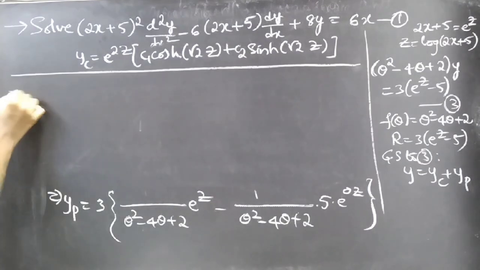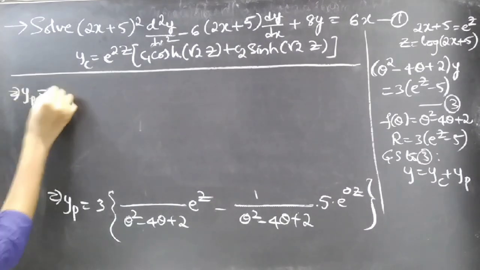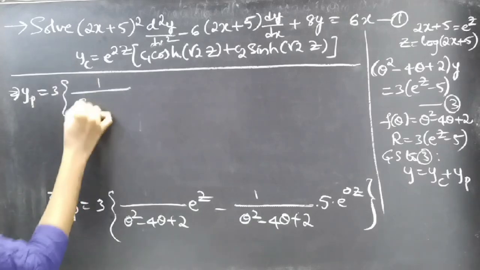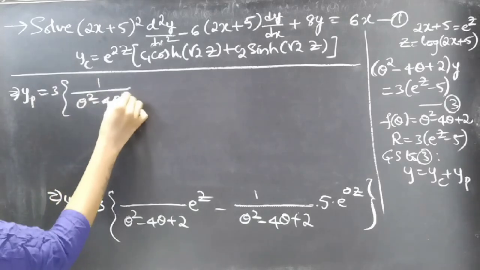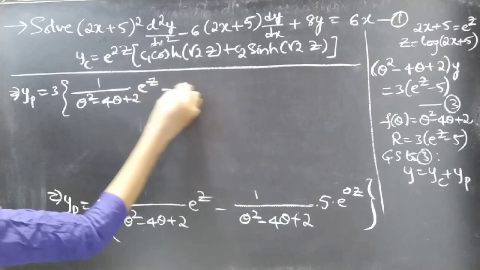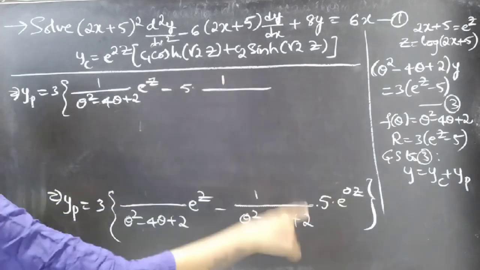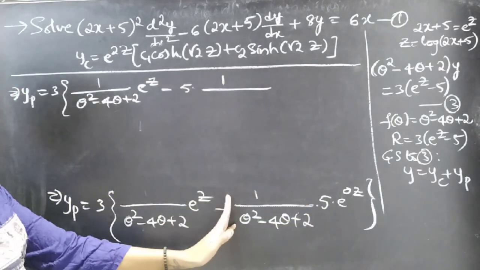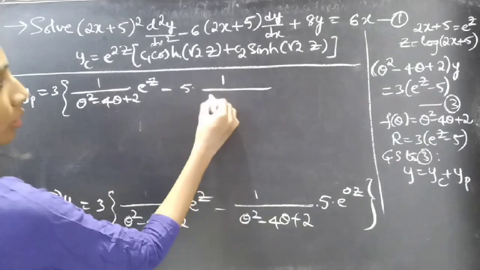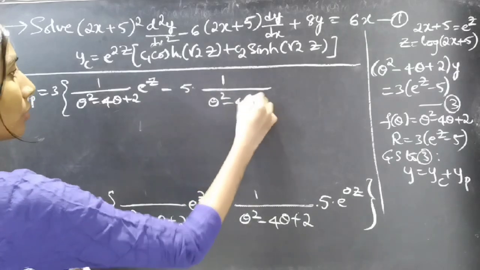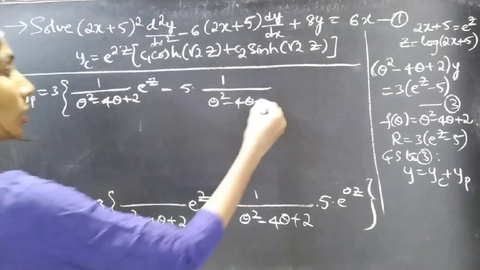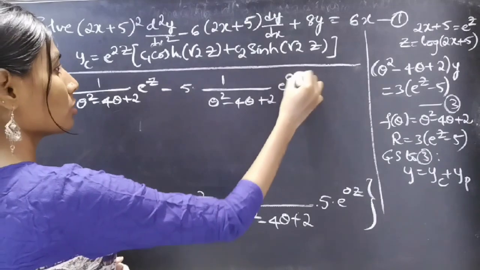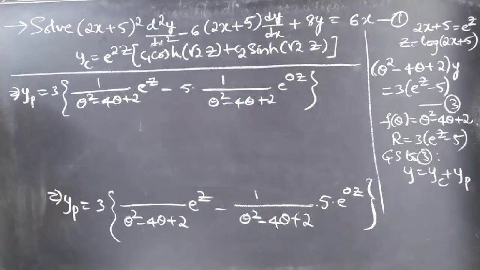Then yp becomes 3 into 1 by theta square minus 4 theta plus 2 into e power z minus 5 into, we can just write 5 beside, towards left, theta square minus 4 theta plus 2 into e power 0 z. Okay.